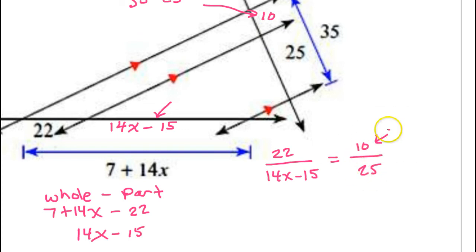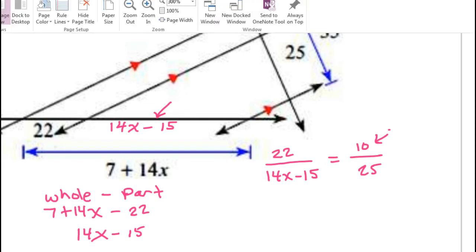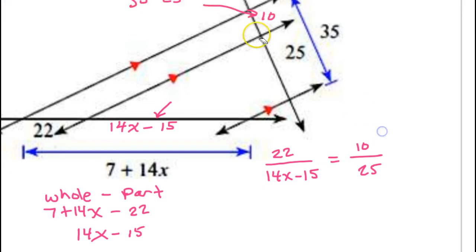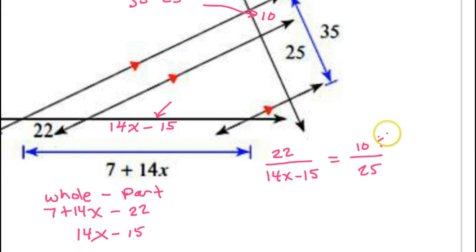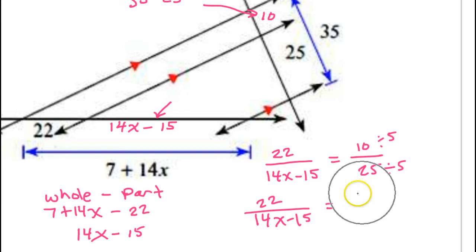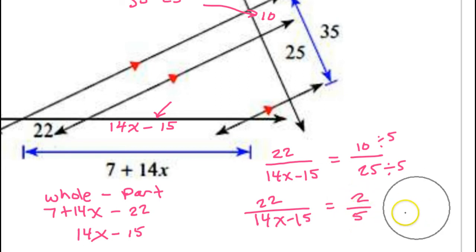Now both of these are divisible by 5. So now I will have 22 over 14x minus 15 is equal to 2 over 5.